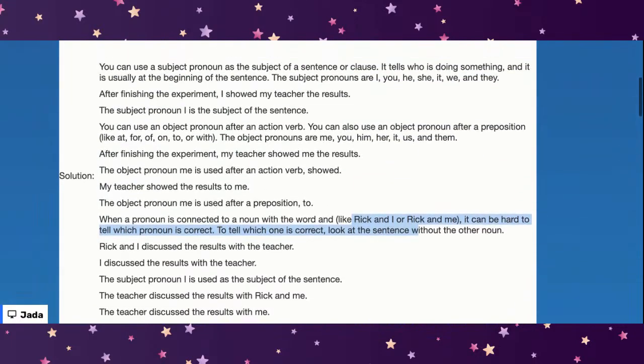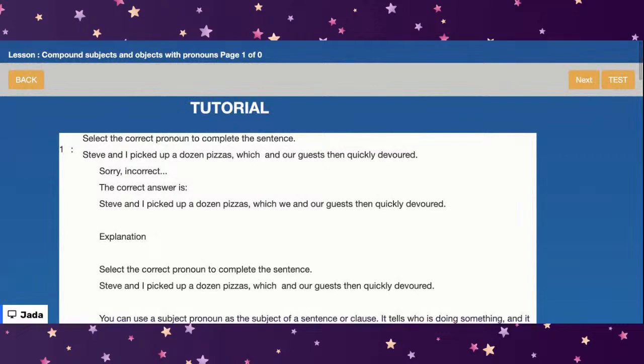So let's go on and check some questions. Steve and I picked up a dozen pizzas, which blank and our guests then quickly devoured. Is it I and our guests, or me and our guests, who then quickly devoured?